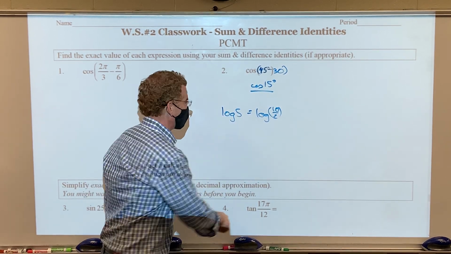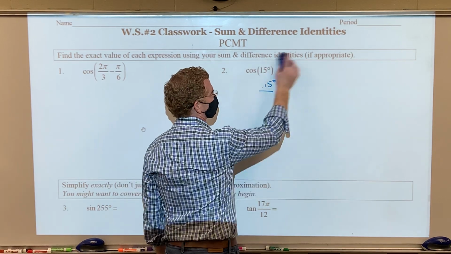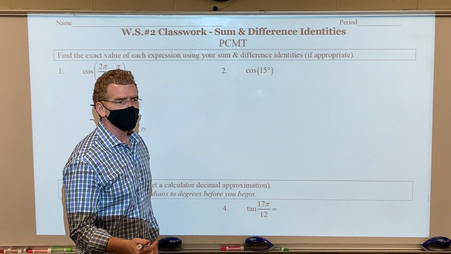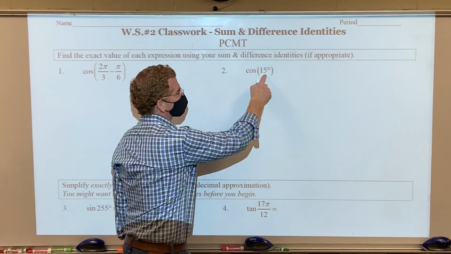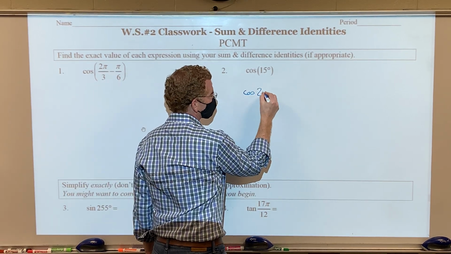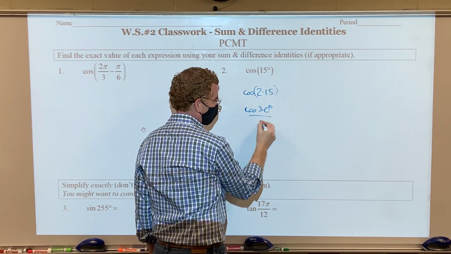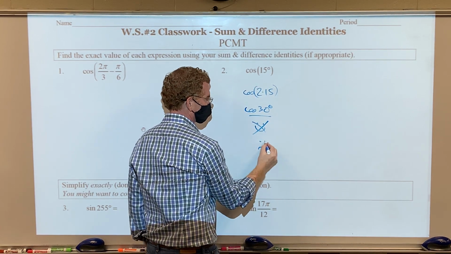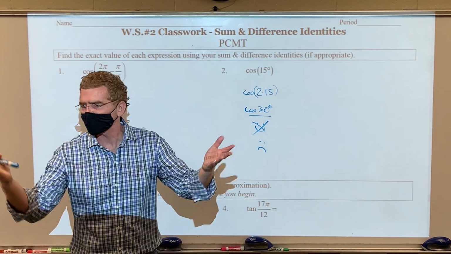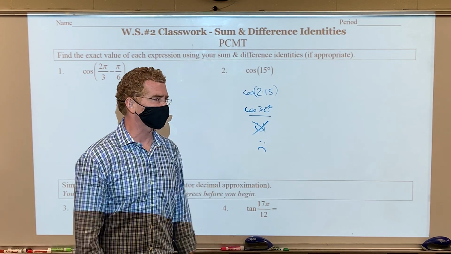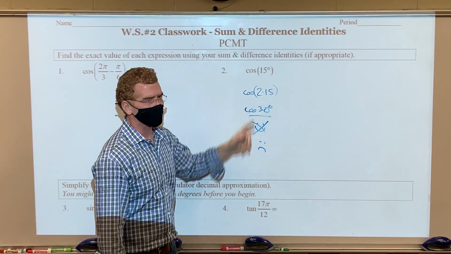And then also, it's going to become a little bit more confusing when you get to double angles. Because with double angles, people are like, oh, well, 15, I could just multiply it by 2 and make it a double angle identity. No. Because I can't really walk around multiplying by 2. If I could, where would I be? At the bank, right? So people that do this go, why can't I?